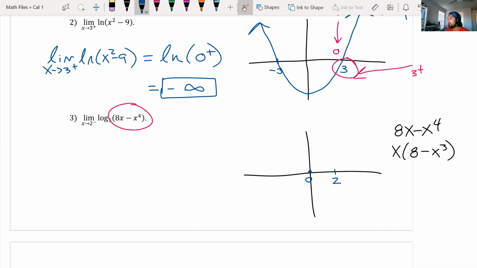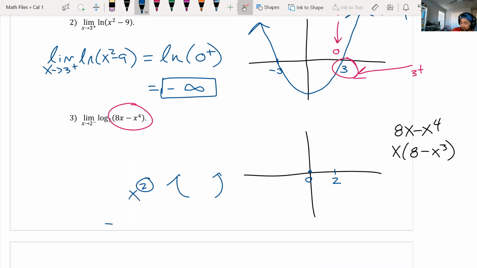Okay. And now 8x minus x to the 4th. I guess you have to think a little bit about the characteristics of a polynomial function. If this is x to the 4th, which way is it going to open? Up or down? Is it up? So remember that if you have a positive x squared or any even degree, your tails will always open up.